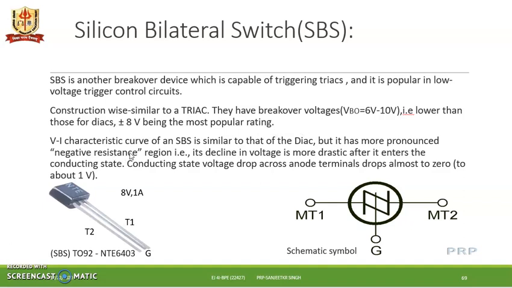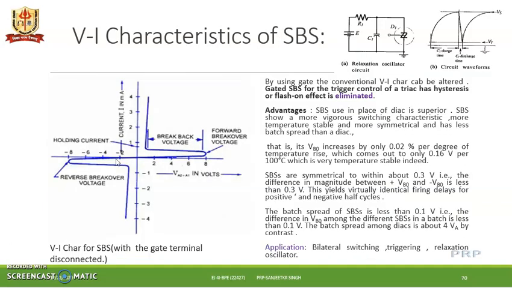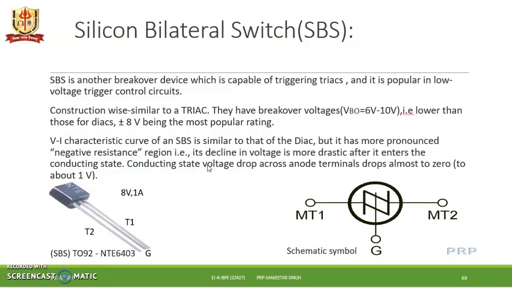Now the VI characteristics curve of SBS is similar to that of a DIAC, but has more pronounced negative resistance. What is this negative resistance region?